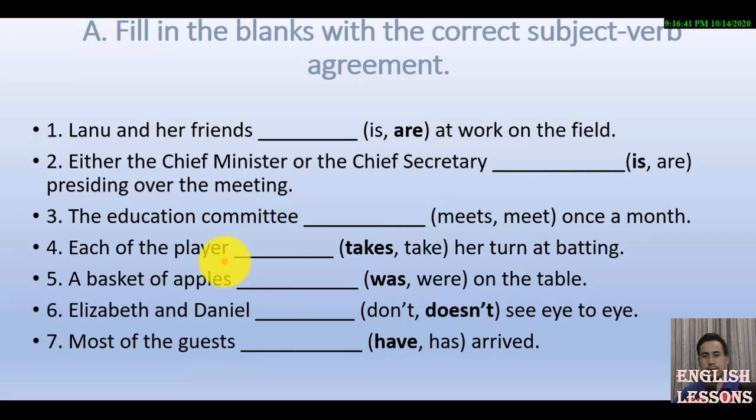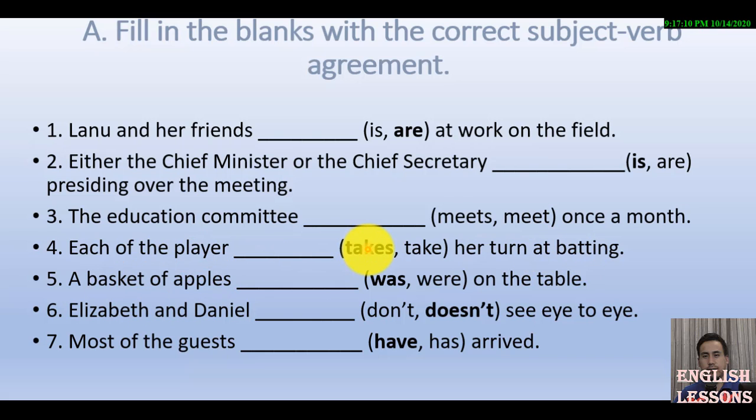Each of the player takes her turn at batting. In the worksheet which has been provided by the NBSE, it is written each of the players. Remember, we cannot use players here. It has to be player, because here this is singular. Each of the player takes her turn at batting.